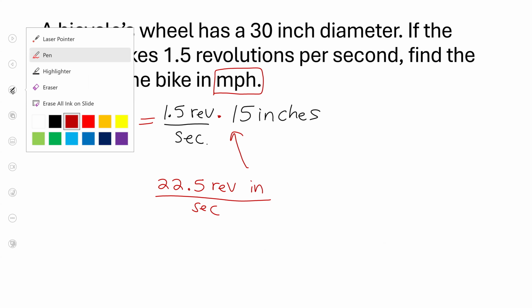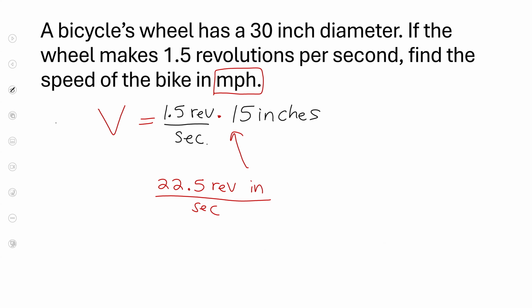So what I'm going to do, first of all, I don't want revs. So if I want to get rid of revs, revs needs to go on the bottom. One rev is what? It is 360 degrees, but I don't want degrees either. So what should I put? 2 pi. Great, that's just a number. So my revs are gone.